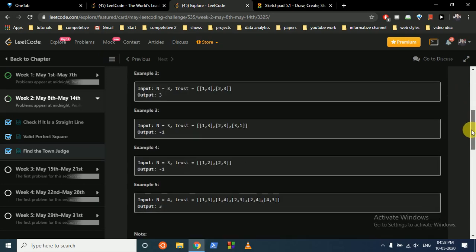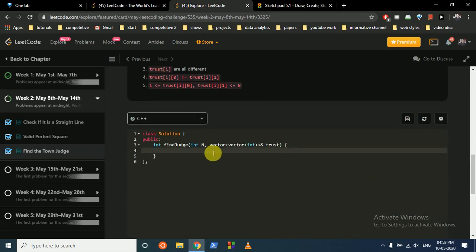Now we can directly code this out. The code is very simple. You have to make a vector array of size n+1. You can call it dp of n+1 and initialize everything with 0. Then iterate over this trust array.